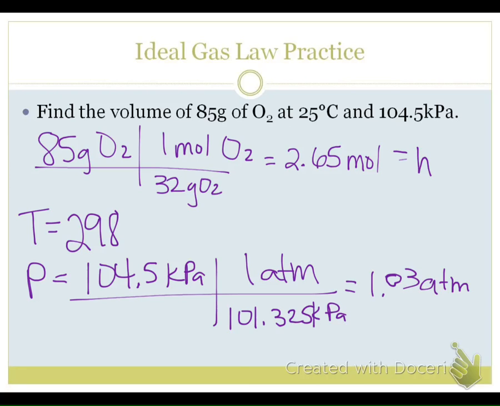Now we're going to go ahead and plug in and solve for volume. So our pressure is 1.03. Number of moles is 2.65. R is 0.0821. And temperature is 298.